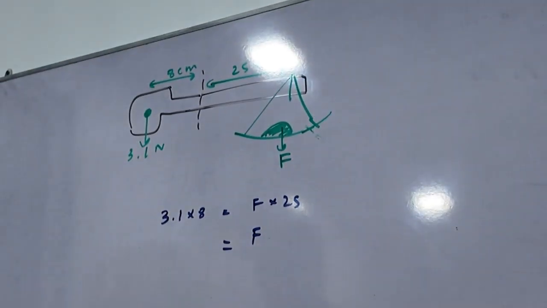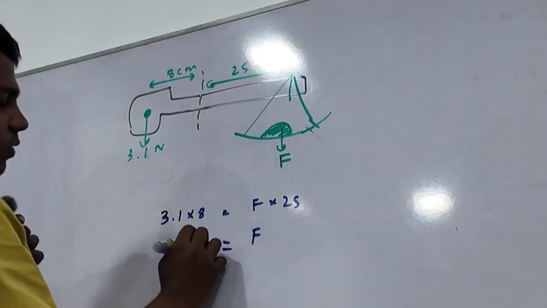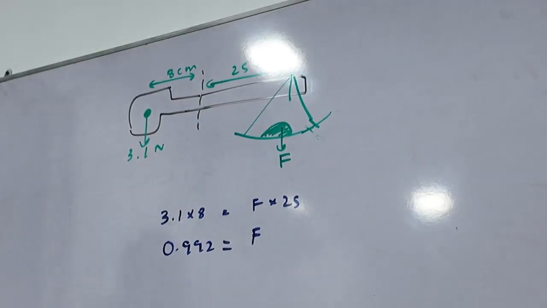Use your calculator. 0.992. Okay, now hold on. 0.992, that is f. So they have given the weight of the dish as 0.64.